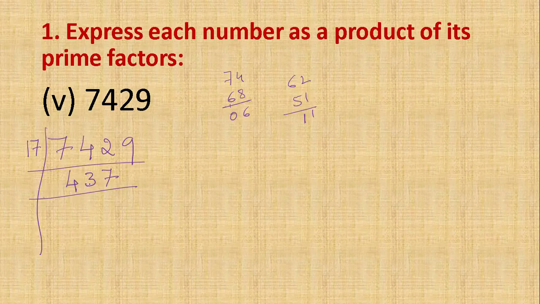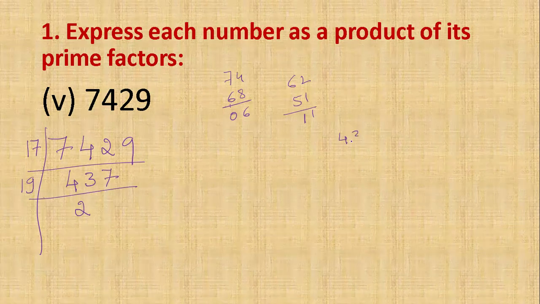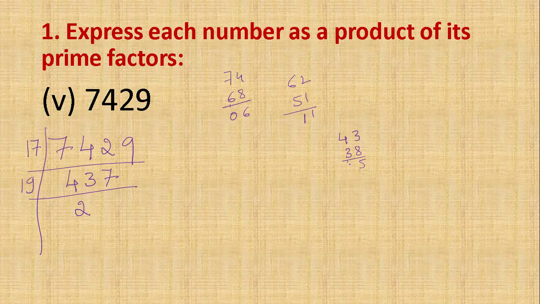Next, 437 is there. 437 is divisible by 19. 19 twos are 38. 43 minus 38 is 5.